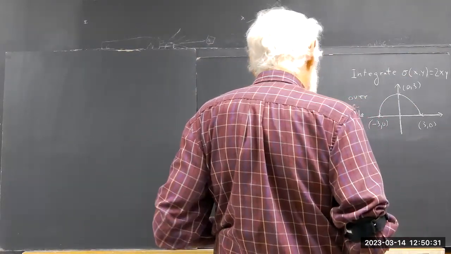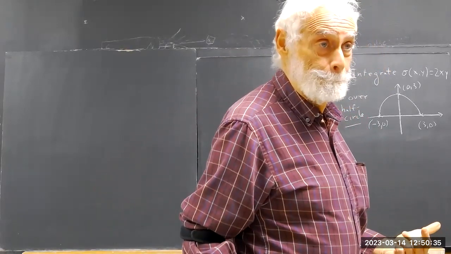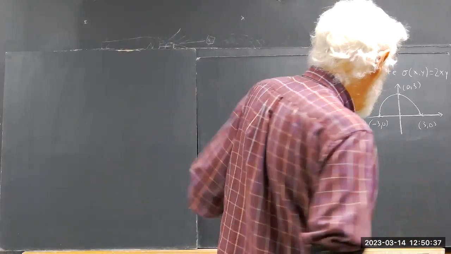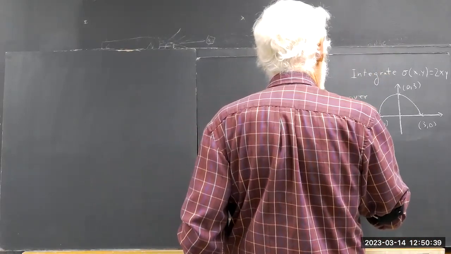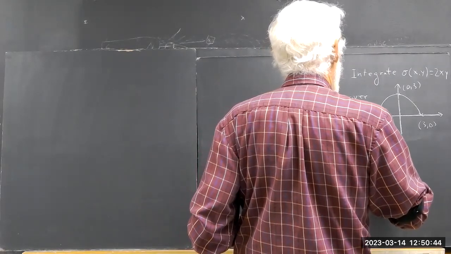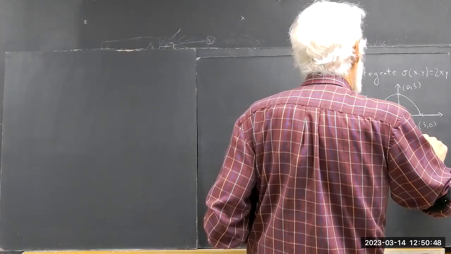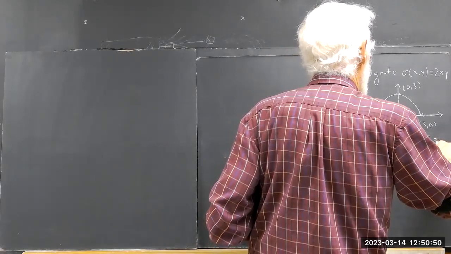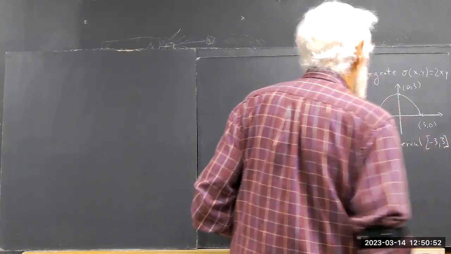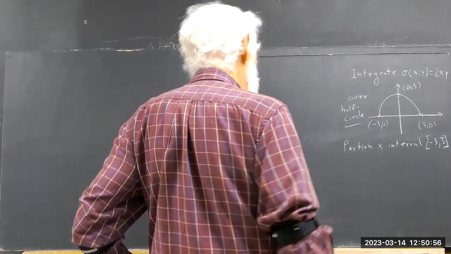So what I want to do is I want to partition either x or y. I could do either. And well, I'm going to partition the x interval from -3 to 3.